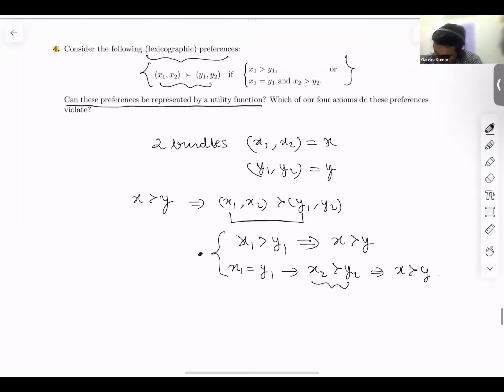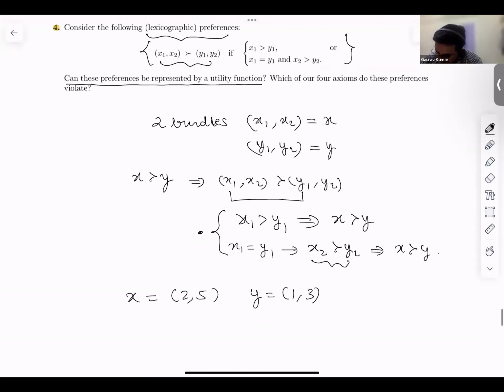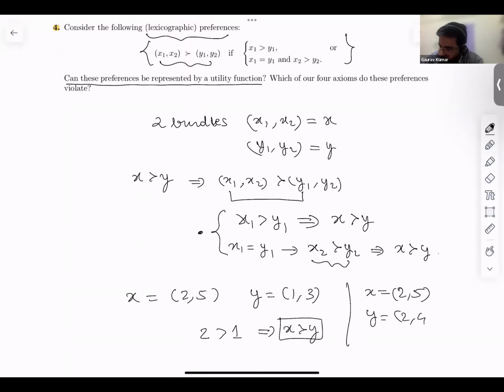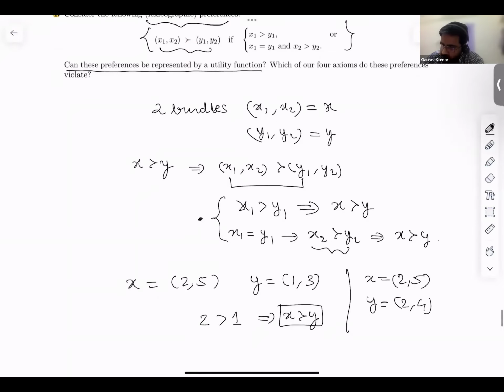Okay, so Shreyash is asking me to give an example. Suppose x is (2, 5) and y is (1, 3). Since 2 is greater than 1, x is preferred over y. This is lexicographic preference. Suppose x were (2, 5) and y were (2, 4). Since the first arguments are the same, we go to the second argument and see 5 is greater than 4, and hence we conclude that x is preferred over y.